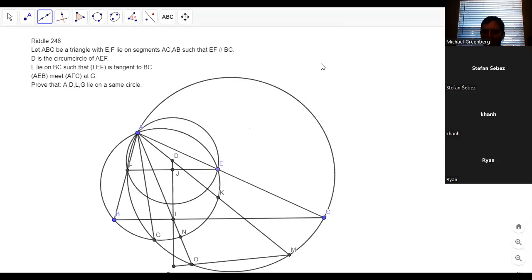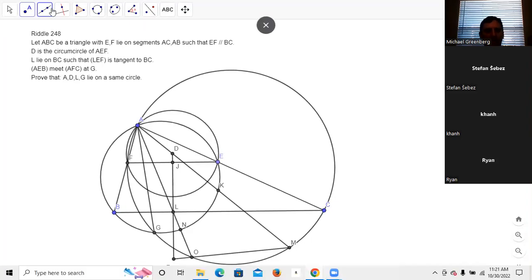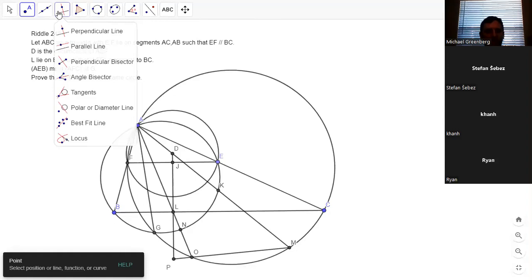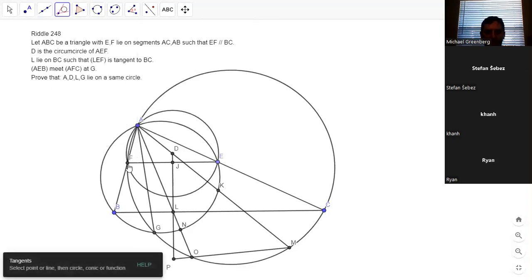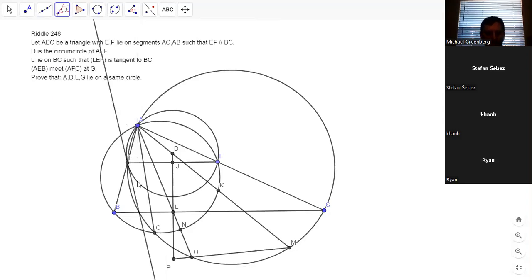Draw the tangents at E and F. Okay, so if we draw the tangents at E and F, it looks like they pass through these points right here, right?